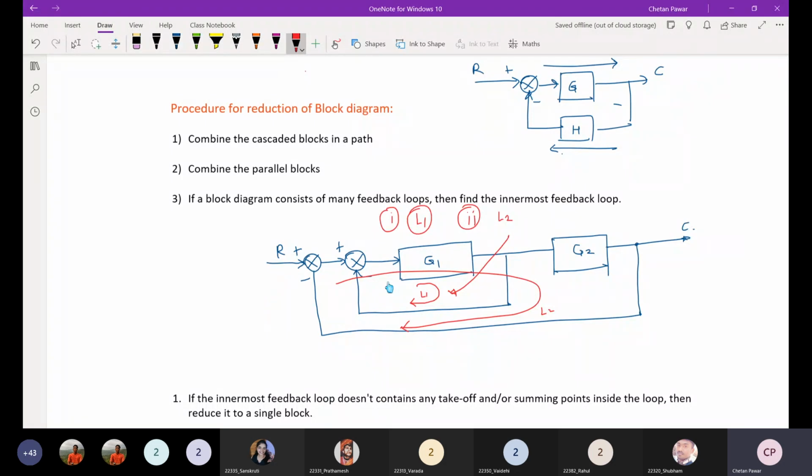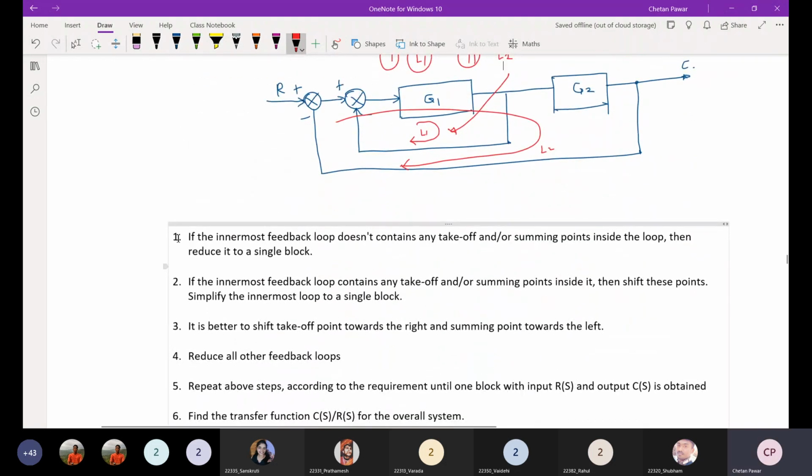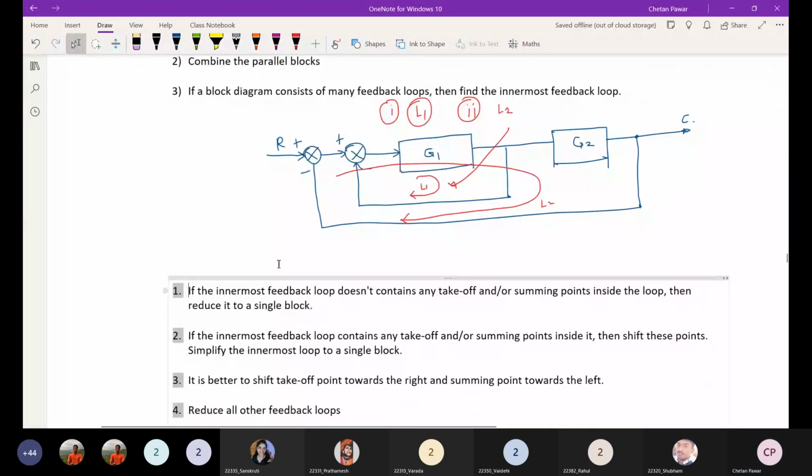So that is the third step. The bullets got changed. So this is the fourth one.